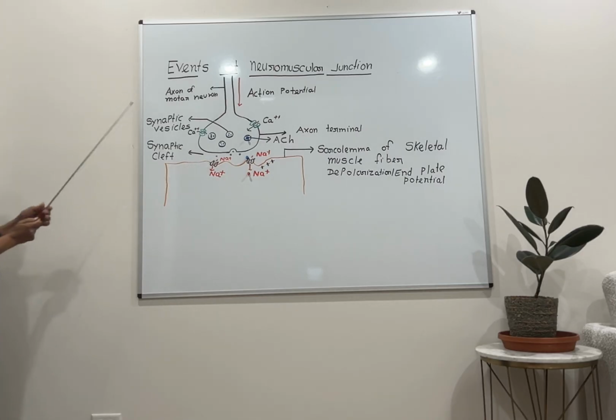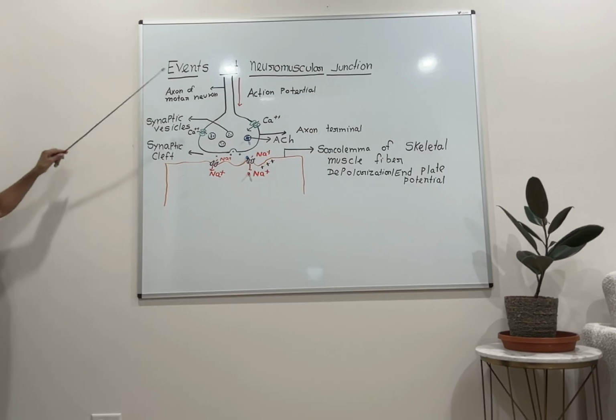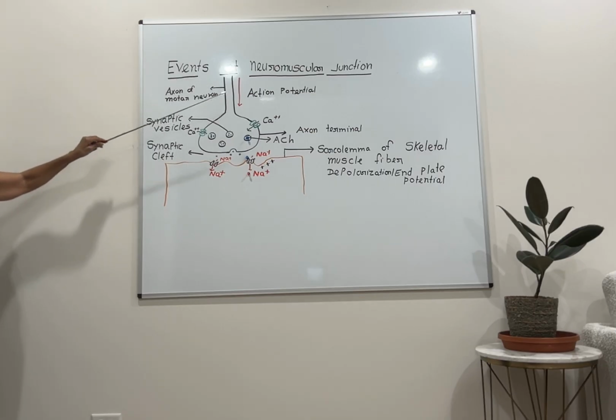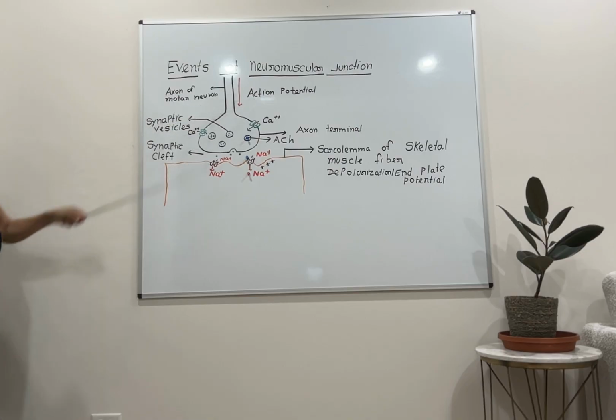So now we will start. This is the axon of the somatic motor neuron. An action potential. What is an action potential? It's a nerve impulse or an electrical signal.